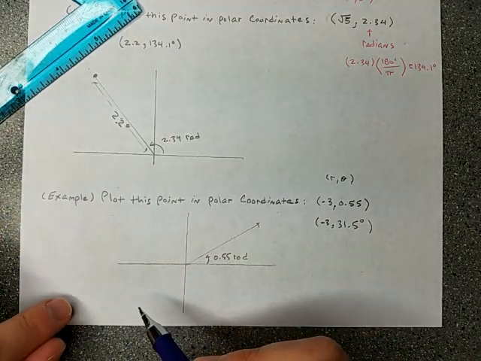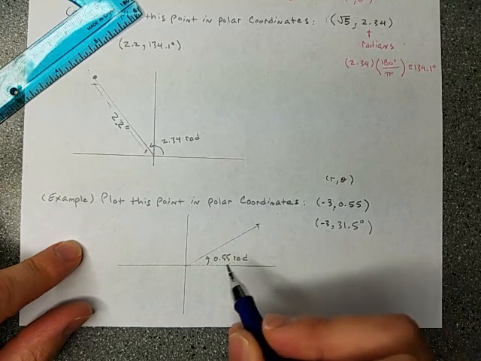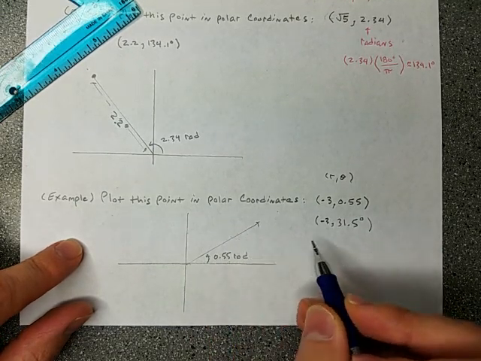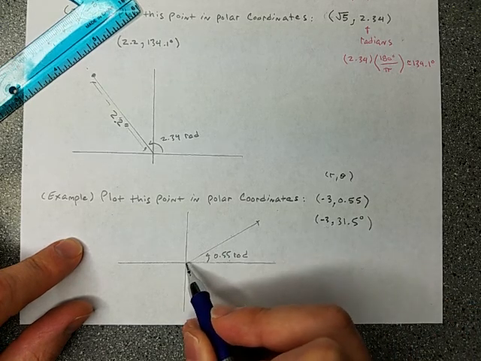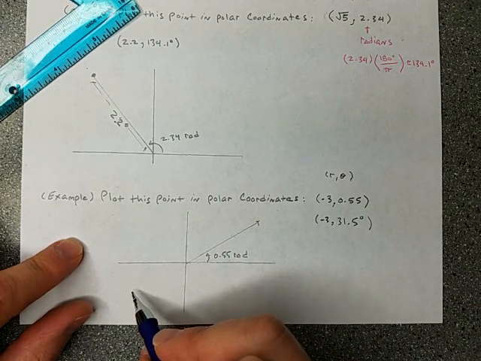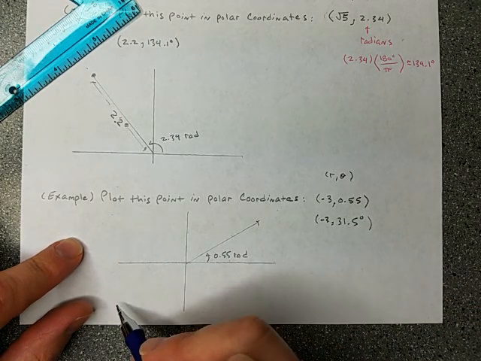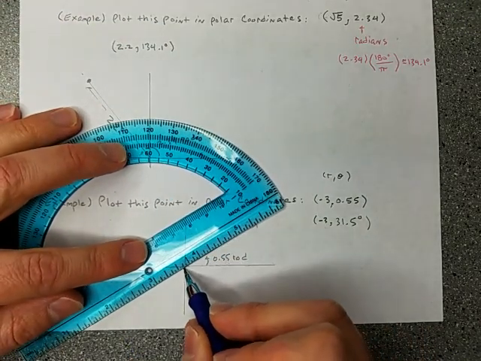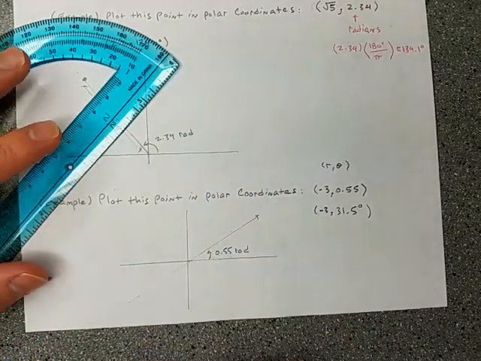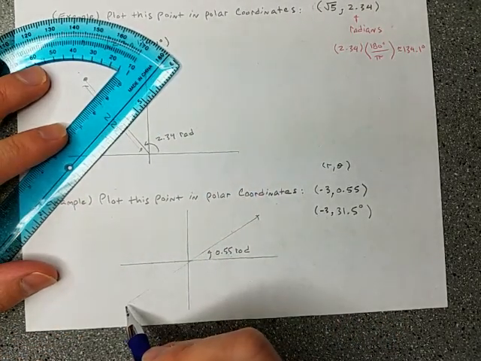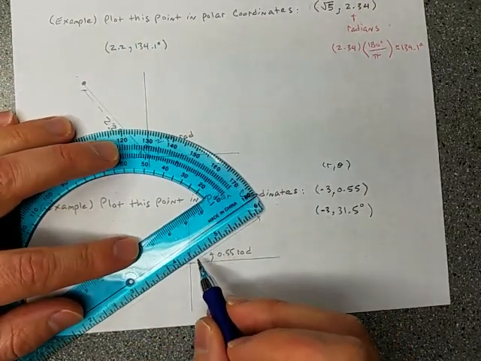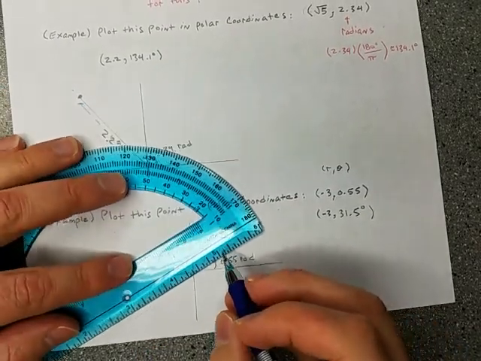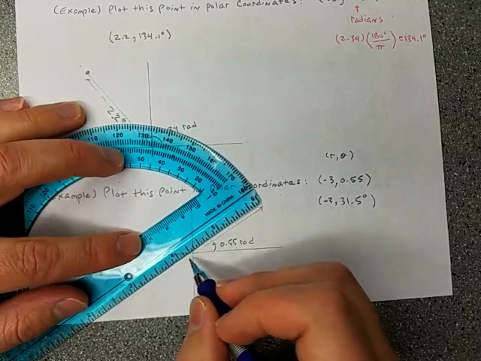We go backwards. So if that was a positive 3, then I would go 3 units of distance in this direction. But if R is negative 3, I go 3 units of distance in the opposite direction, 180 degrees opposite, okay? So if I were to go 3 units of distance that way, then I would have my point, okay? Now, I used inches in my last problem as my unit, but the units will be up to the situation.